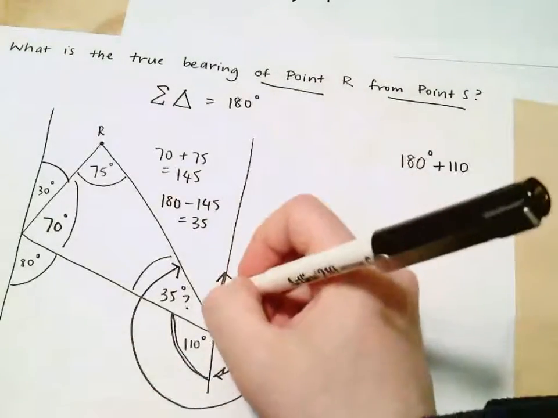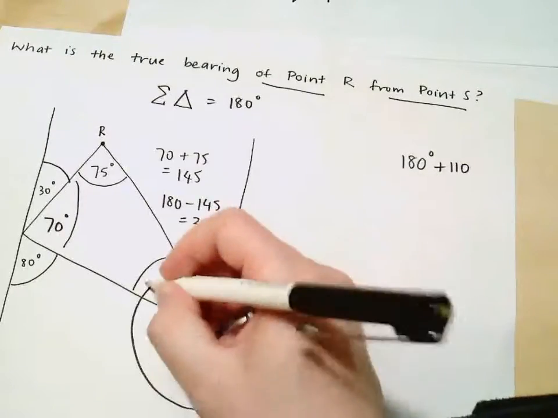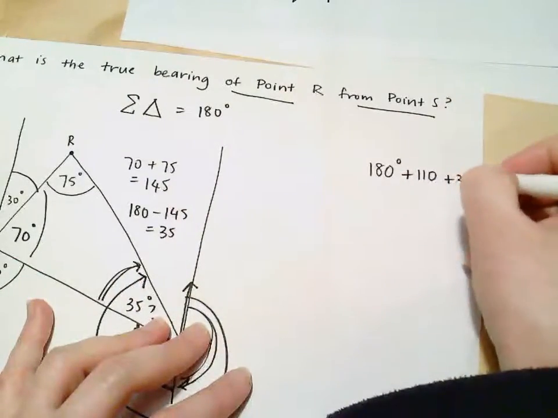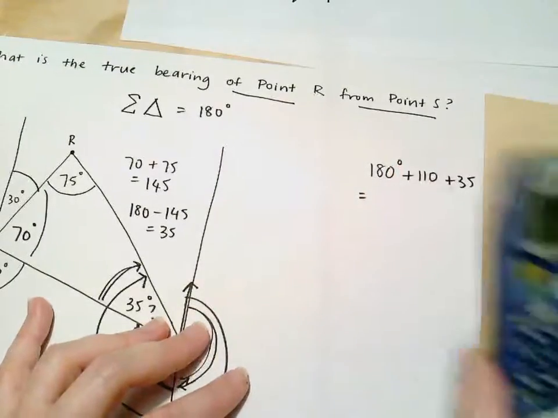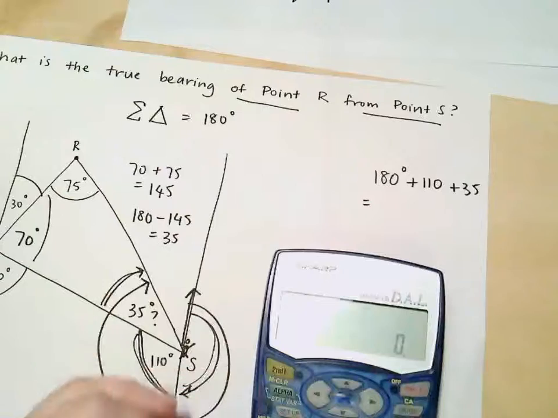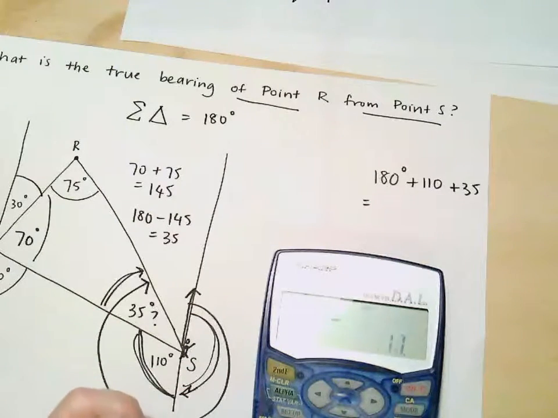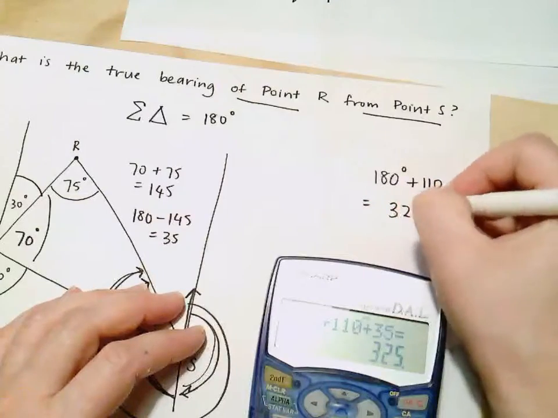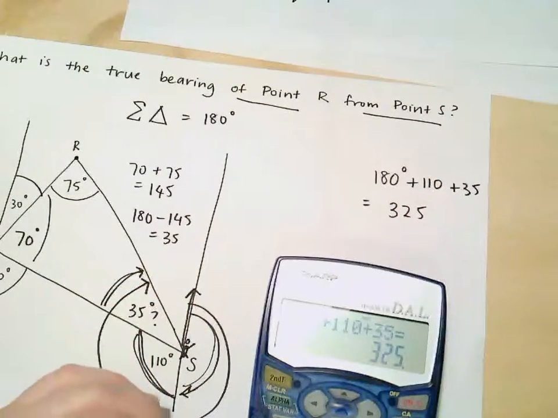So now I've got my 180, I've got my 110, I've got that last little bit of 35. That's going to give me my full true bearing. Adding it all together, 180 plus 110 plus 35, 325 would be my true bearing.